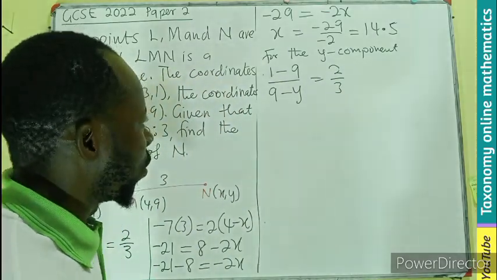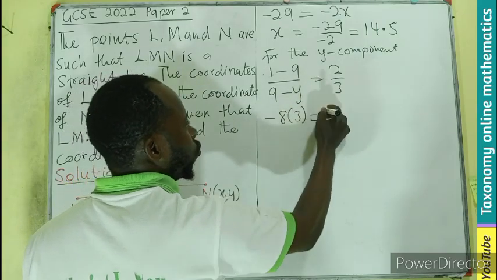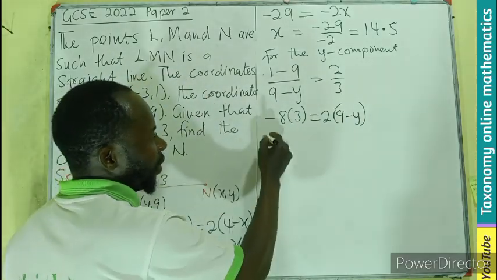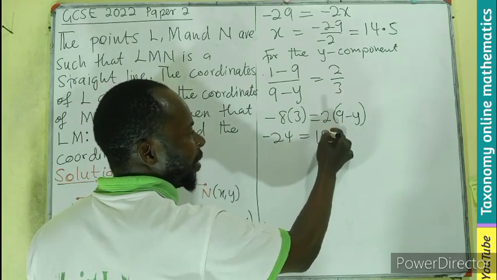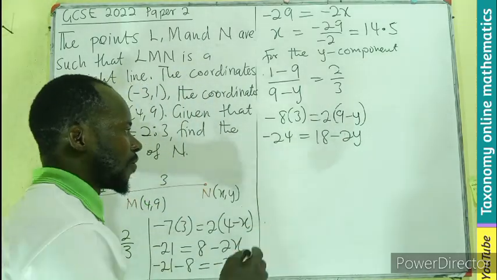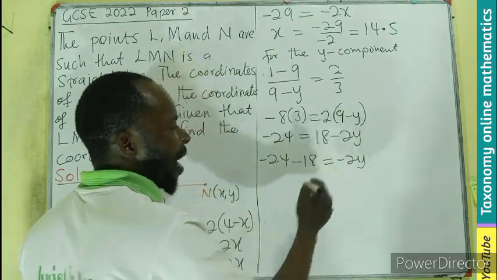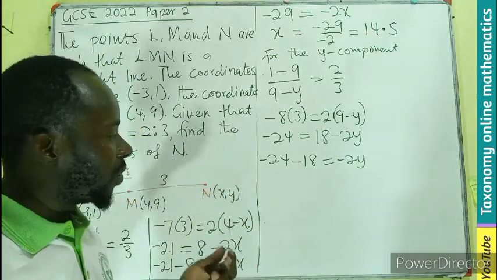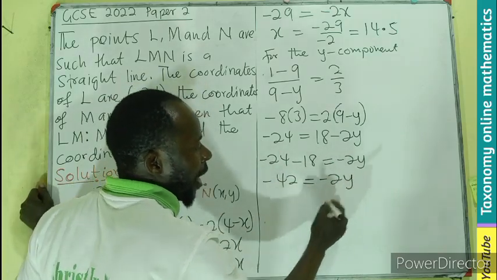We cross multiply as well: 8 times 3 equals 2 times (y minus 9). So 24 equals 2y minus 18. We add 18 to both sides: 42 equals 2y.